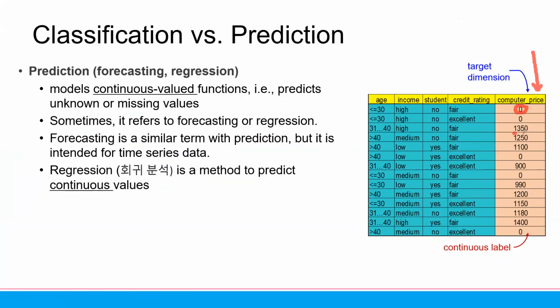If there is a price, maybe this is a price in dollars, $1,350. Then, okay, the person bought a computer and the price is this one. So I can predict how much the customer will pay. So if we have this continuous label, and this will be the target, we can use regression.